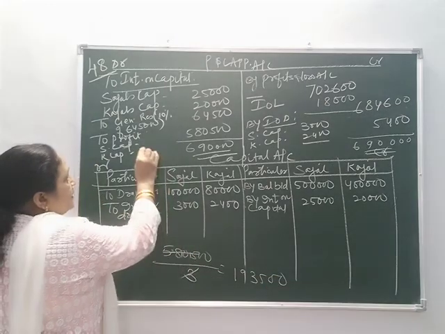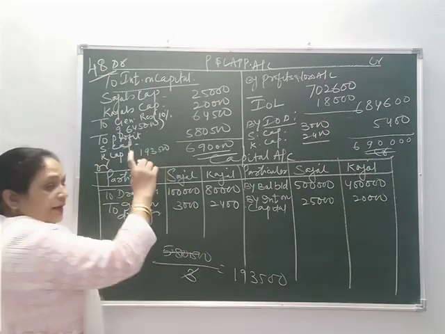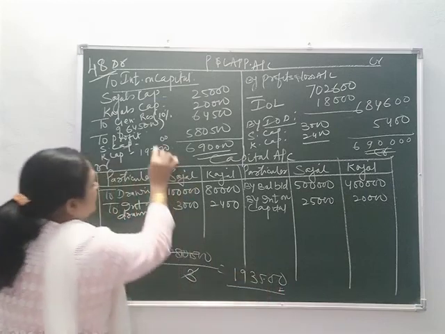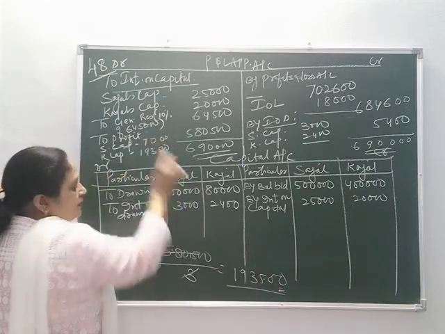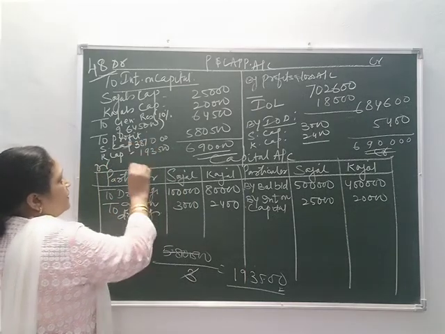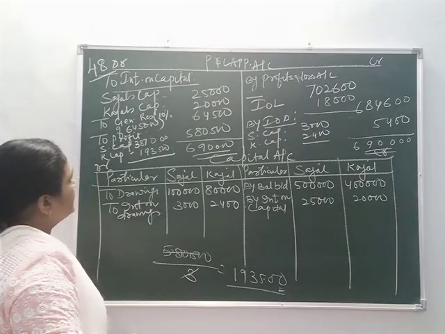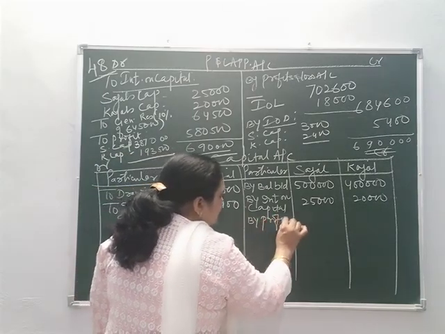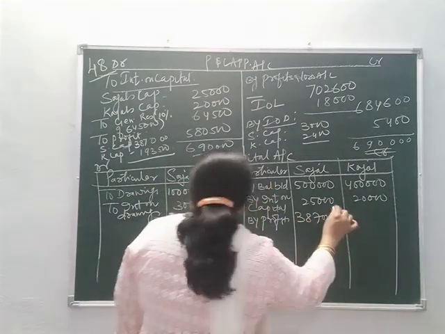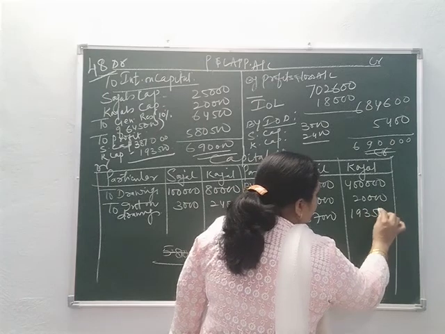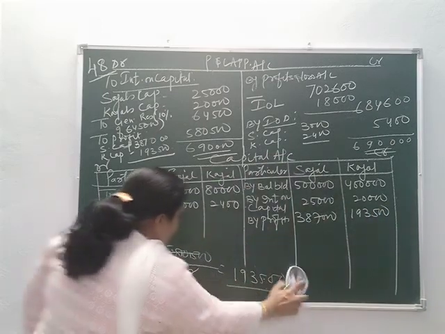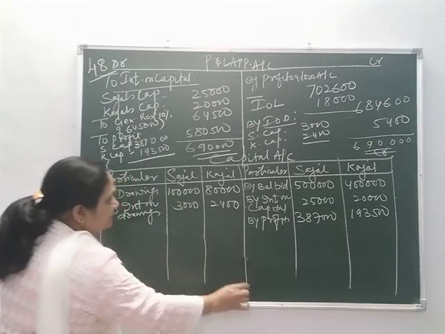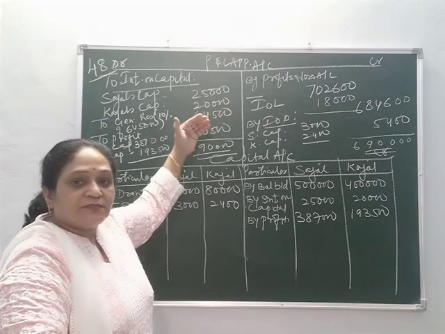So 1,93,500, and double of it for them, 3,87,000. So this we are crediting by profits, 387 and 193,500. This is the way you are dividing the profits among the partners. Is this clear? So your P&L appropriation is ready.